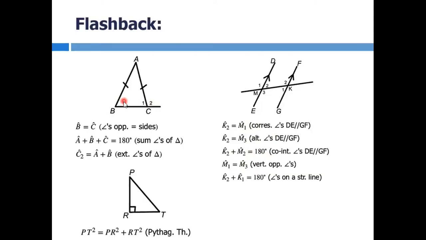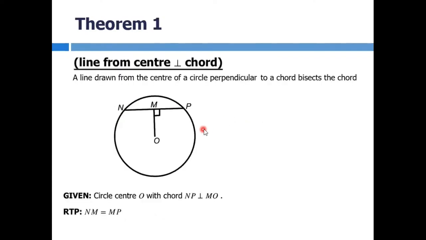The angles inside a triangle add up to 180. If you've got an isosceles triangle, remember to please use the correct reason for equal angles: angles opposite equal sides. And then you've also got the exterior angle of the triangle, which a lot of people forget. And then your right angle triangle for Pythagoras' theorem. That is also always useful.